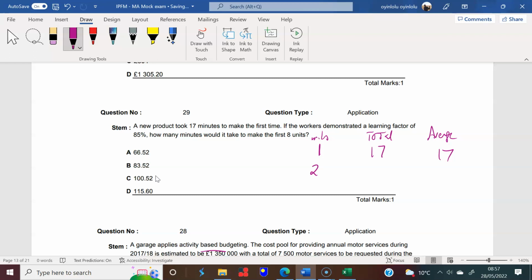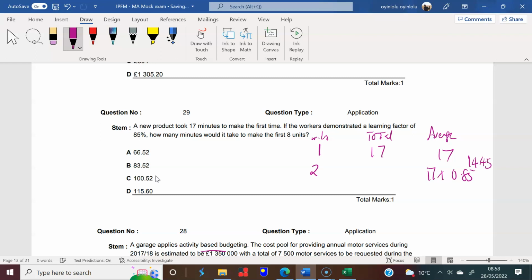So here I have 17 times 85%, that's 17 times 0.85, which is 14.45. That's the average time for 2 units.